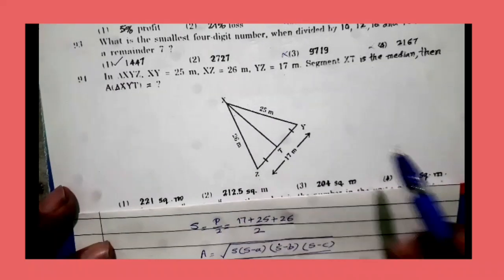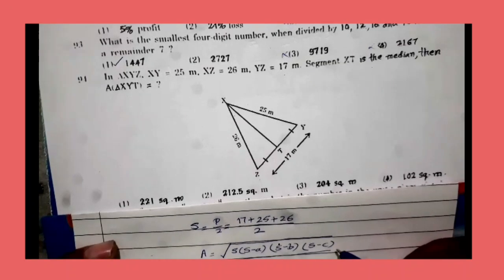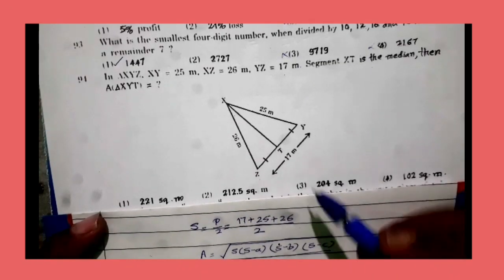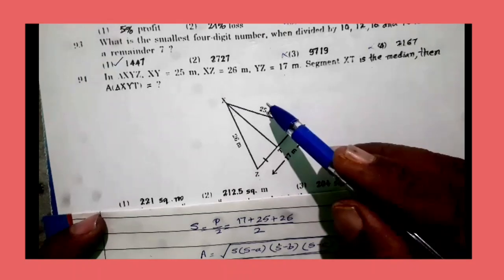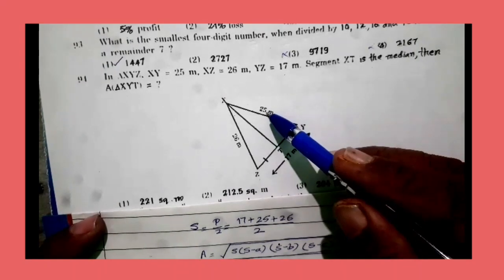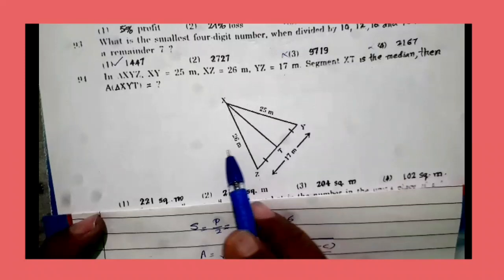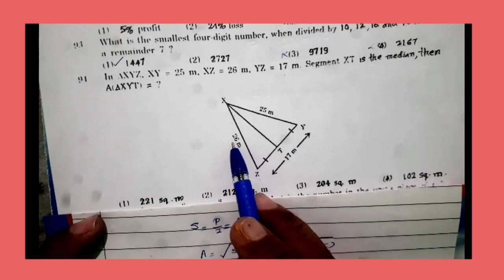Three sides of a triangle are given. So you use one method here. The perimeter: 7 plus 5 is 12, plus 6 is 18.